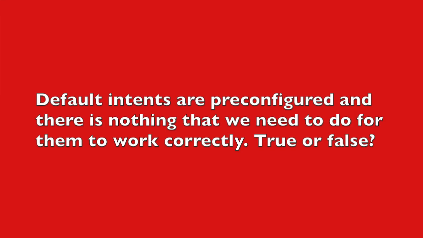Now that you've learned all that you need to know about the default intents that are configured, you know that this statement is false. The fallback and the welcome intents don't come fully pre-configured. The fallback intent is fully configured though. The welcome intent is only partially configured. You still need to specify the user expressions to actually invoke the welcome intent.